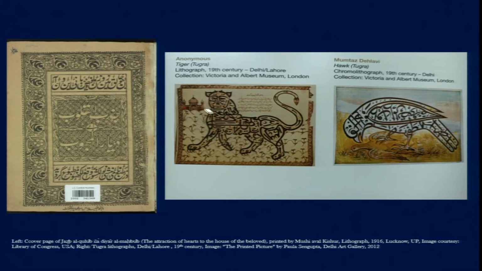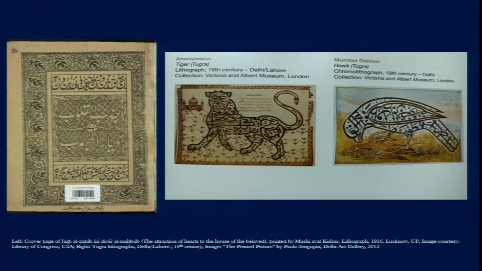So these are some of the things that we find, how the writing and images came together, and each of these images would also be framed within carefully made frames, the visual markers of the pictorial spaces.